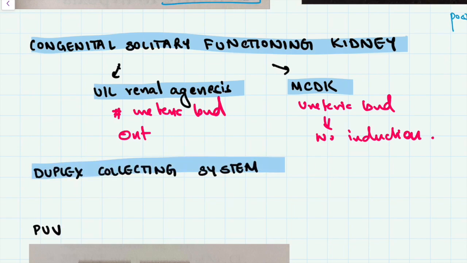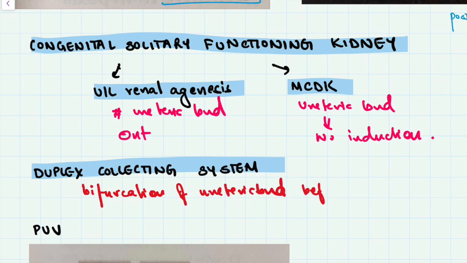Then the next topic is duplex collecting system. Duplex means that there will be two collecting systems, right. It is basically due to the bifurcation of the ureteric bud before it enters the metanephric blastema.